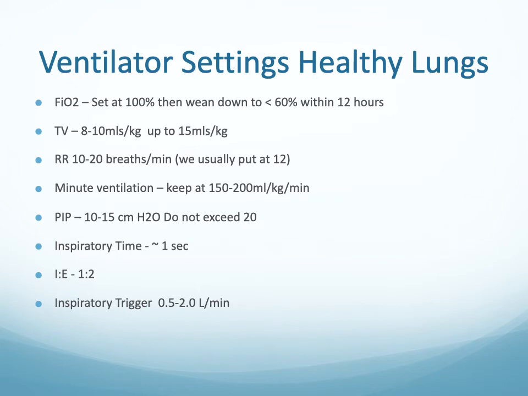What you'll do is monitor to see if the patient is being triggered to breathe, or if the machine is getting triggered to breathe for the patient too often, you might need to increase your inspiratory trigger so it's not breathing too quickly. So set that inspiratory trigger at 1 and then adjust accordingly. Your PEEP's going to be low. Remember, we're not worried about atelectasis, so it's between 0 and 4 centimeters of water.